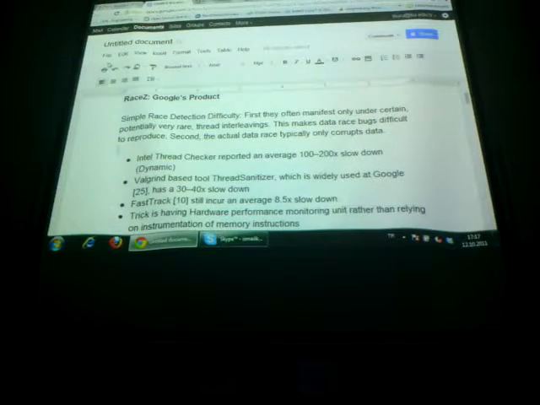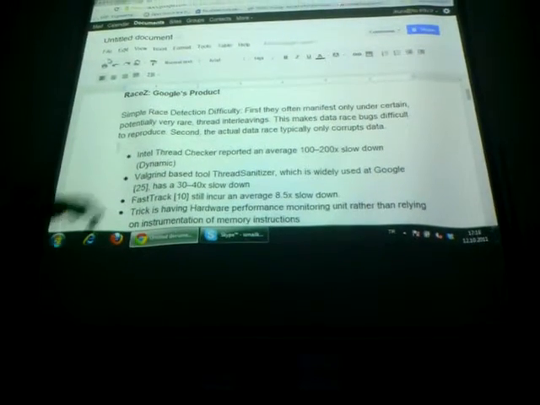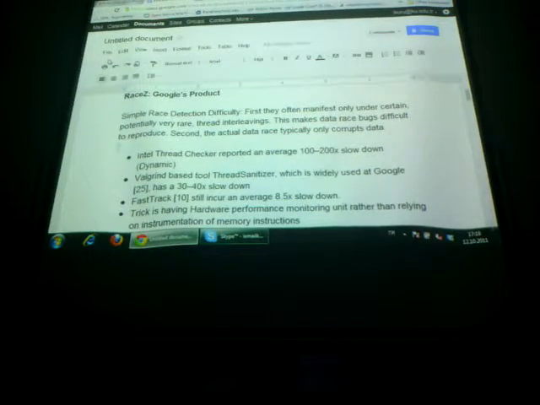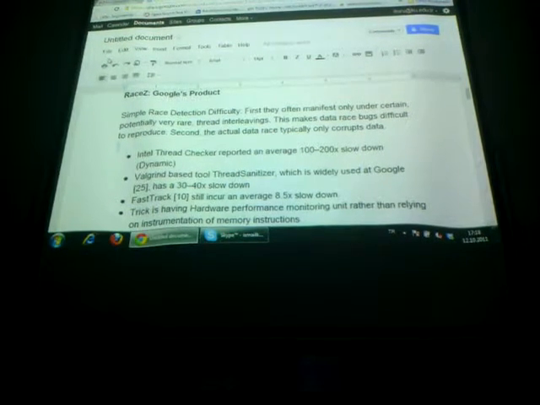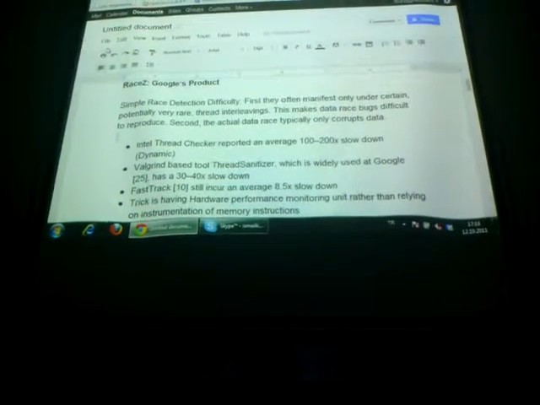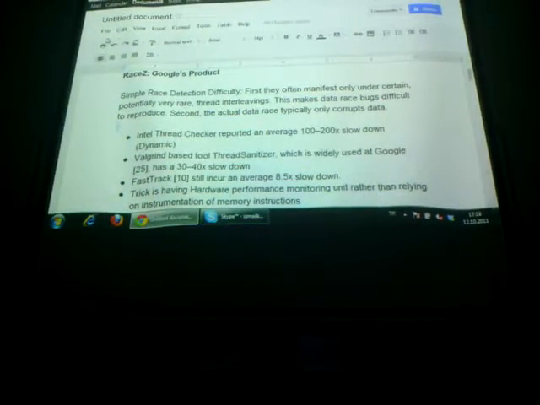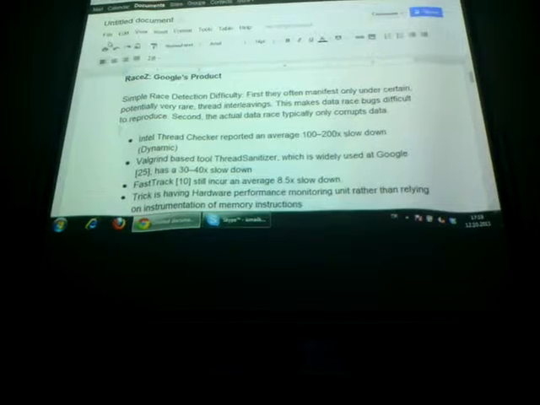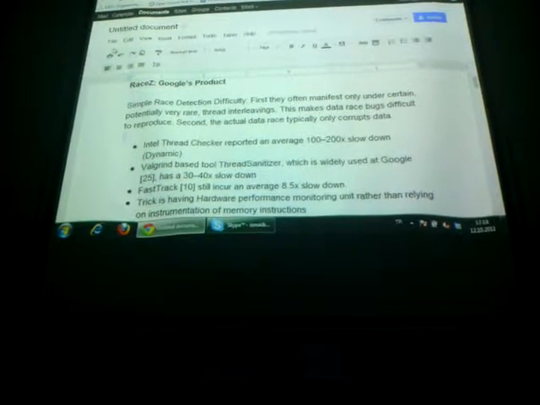First of all, we have looked at RaceZ, Google's product. It's in a way a complicated implementation, and they are trying to have non-instrumented, low overhead detection with some hardware support.